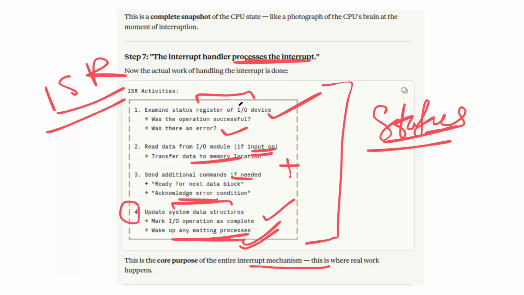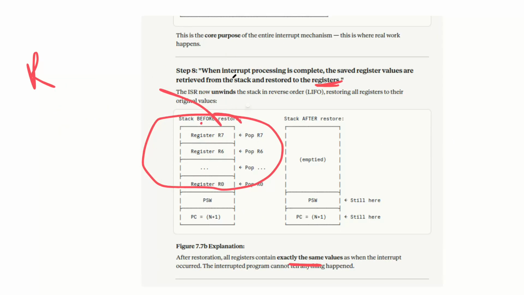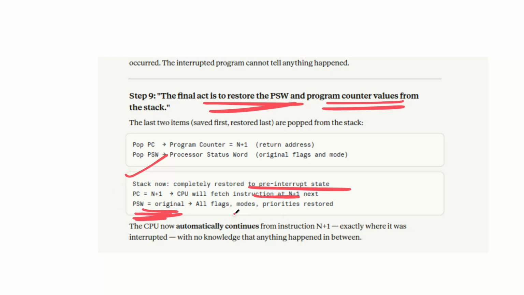There are 4 steps in the interrupt service activities. After that, the CPU registers are popped out from the stack, and the register values are how they were before the interrupt occurred. And then finally we restore the PSW and program counter values from the stack. Finally, the stack is completely restored to the pre-interrupt state, PC n+1. Now the instruction at n+1 will get executed, and PSW is equal to the original, meaning all flags, mode and priority will be how they were before.